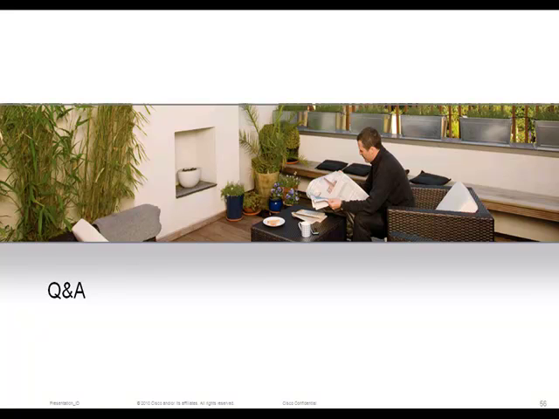Okay, next question. Am I right to say that ASA 5500 only can have one outside interface? No. There are customers who have both the DMZs public-facing, internet-facing, and outside is also internet-facing.